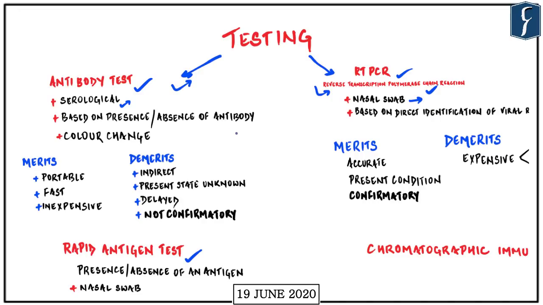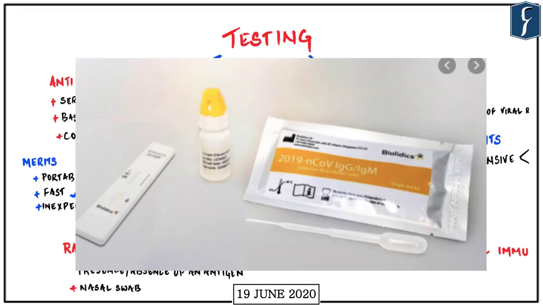Then, as we discussed, the antibody test is based on presence and absence of antibody. And this is the reason behind its merit as well as demerit. Since it is a kit-based test and it depends upon reagent and its reaction, it is portable, it is very fast, it gives results in a few minutes, and it is extremely inexpensive because there is no machine required to read the data.